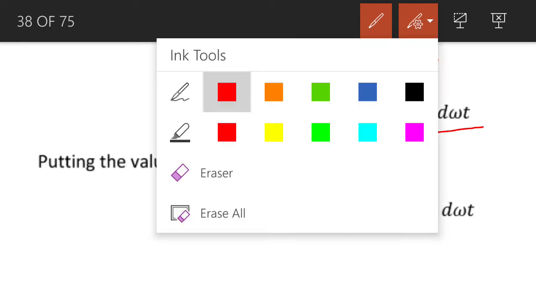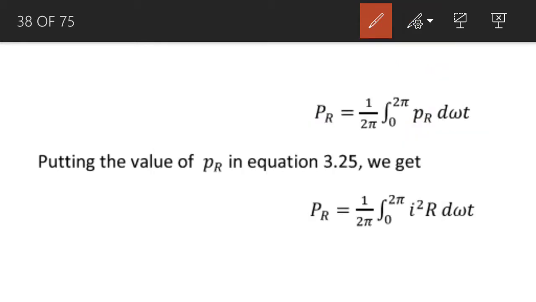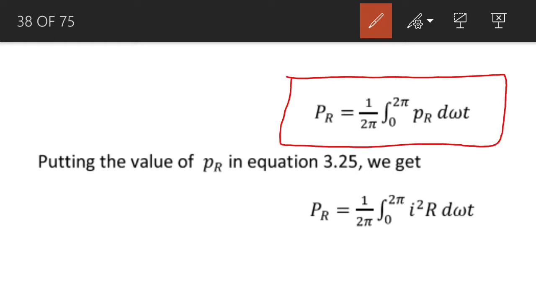So we can compute the average value of the AC power with the help of this particular equation, and we put the value of this PR in the equation.